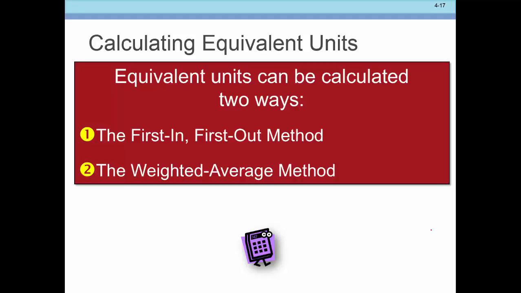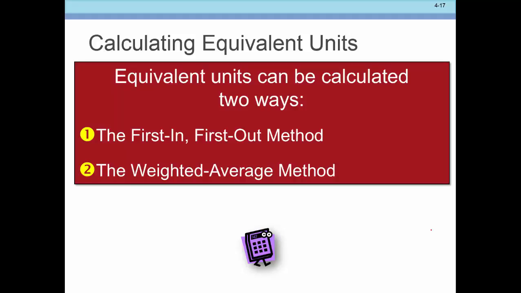And so in this class, we are only going to hold you to weighted average for the equivalent units. You are not going to have to know the first in, first out method for accounting for your equivalent units, okay? I just want you to be aware that there's a first in, first out method.